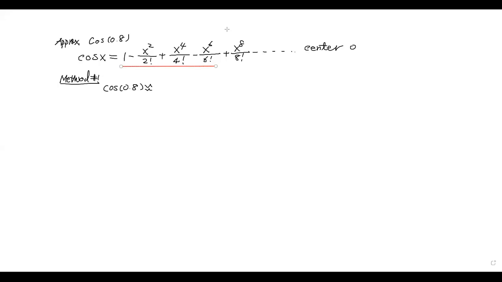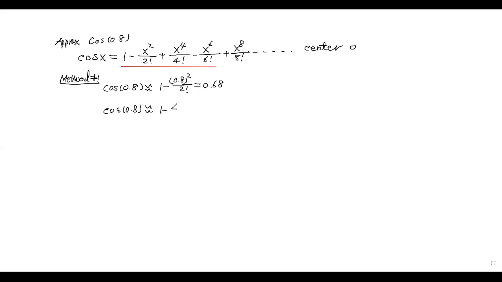I'm just going to show you. Let's first use 2 terms. So it's 1 minus 0.8 squared over 2 factorial. You can plug in directly, and I'm going to get 0.68. Now, I can also approximate it by using 3 terms.